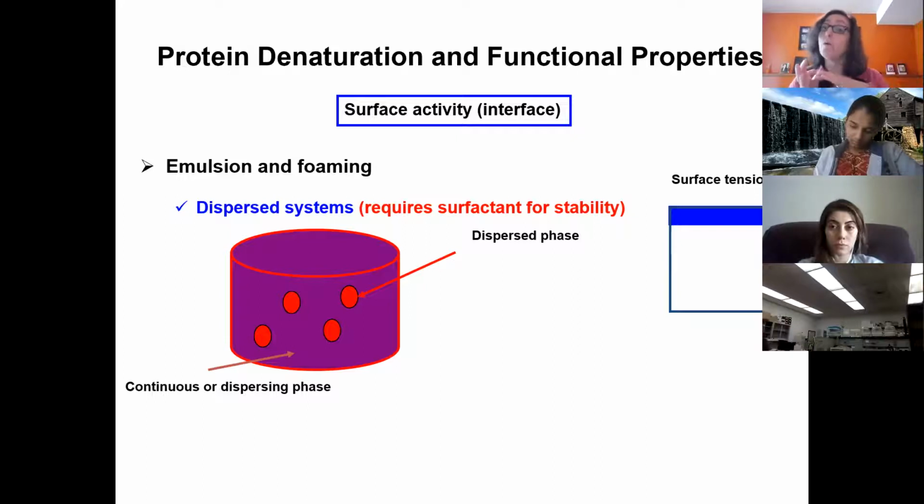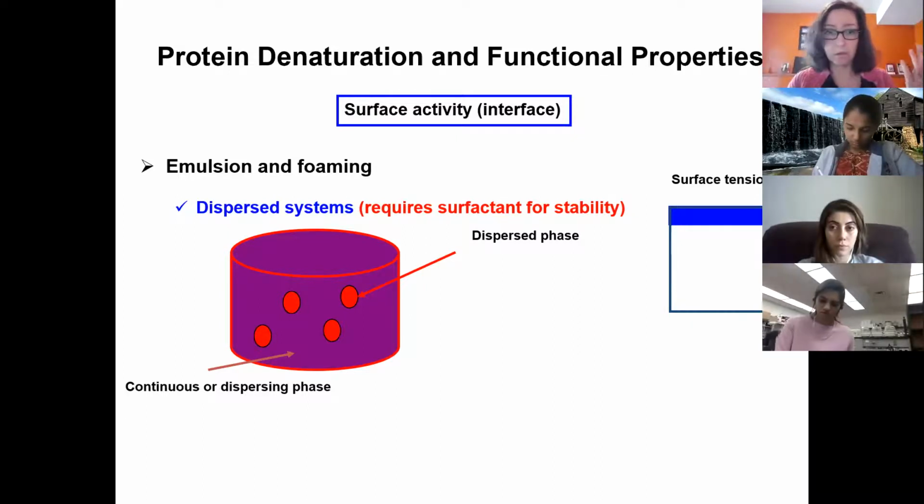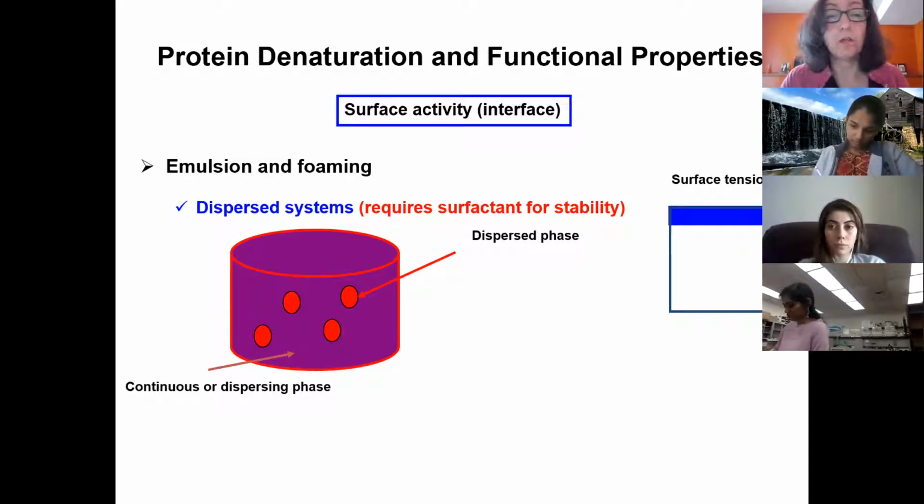It could be water and oil too, such as butter, for example. So butter has 20% water. So it is an emulsion of some sort. Mostly your emulsion is either oil and water or water and oil. So if it's water and oil, then your droplets are water droplets.